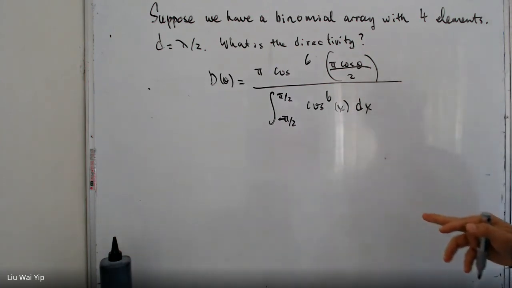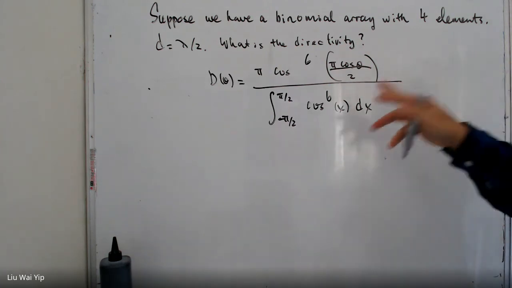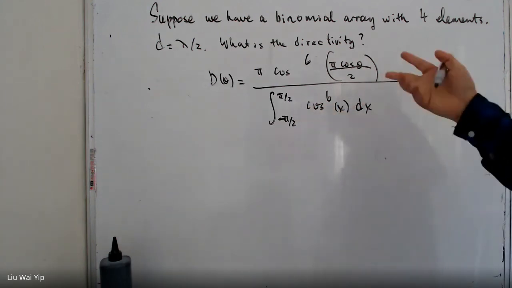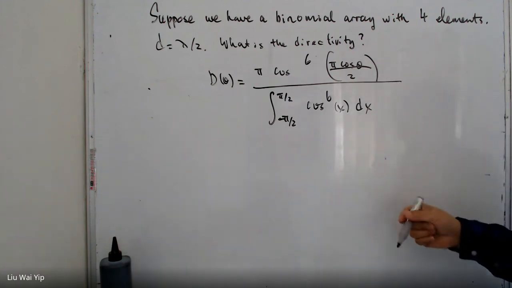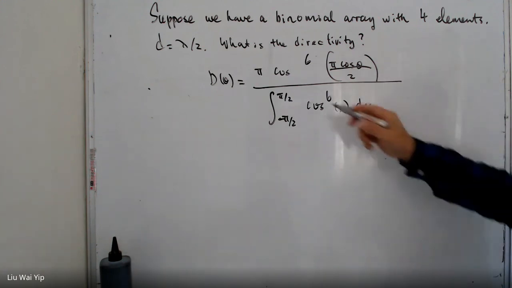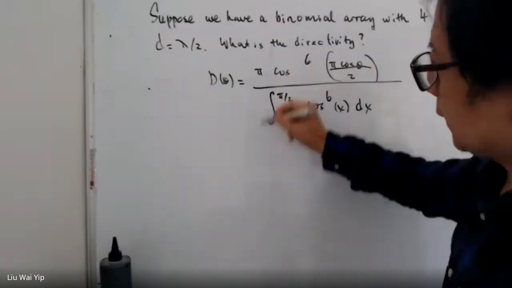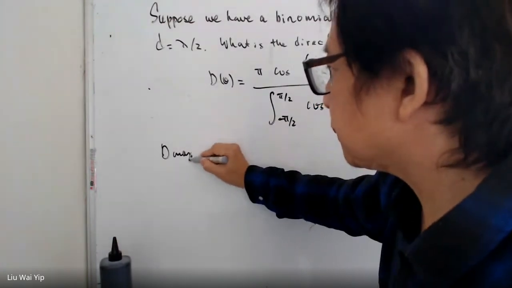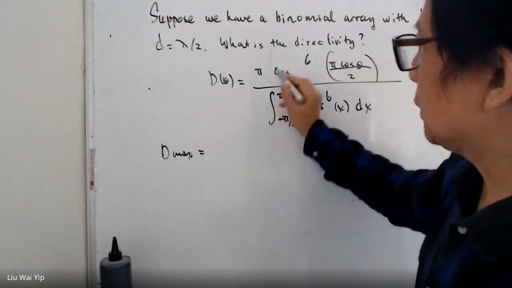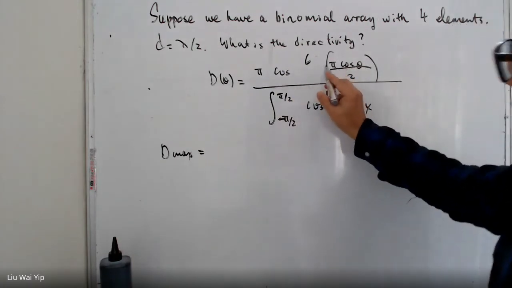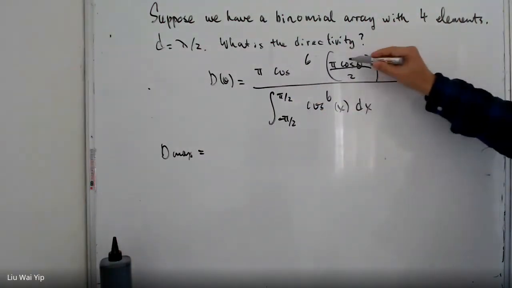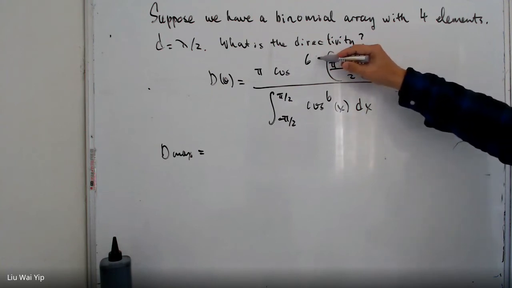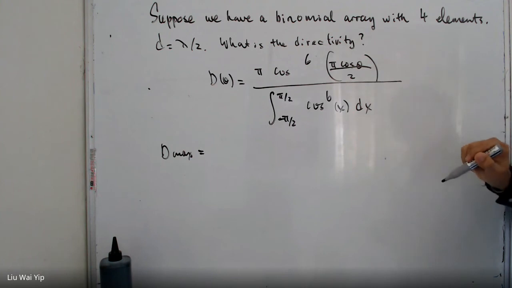Fortunately, it's not difficult to resolve this function. On the internet, there are plenty of resources where you can learn how to resolve this bottom expression. And if not, we can just use another technique. Either way, the maximum value here we can find out, D max. D max is going to be the maximum value of cosine of this function to the power 6, which is going to be 1.